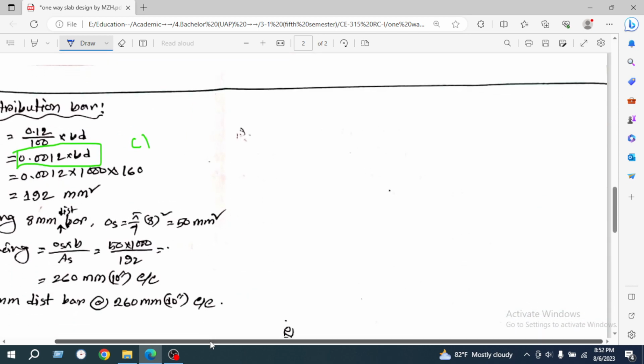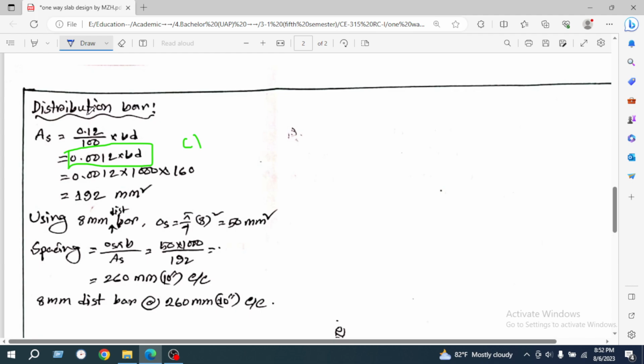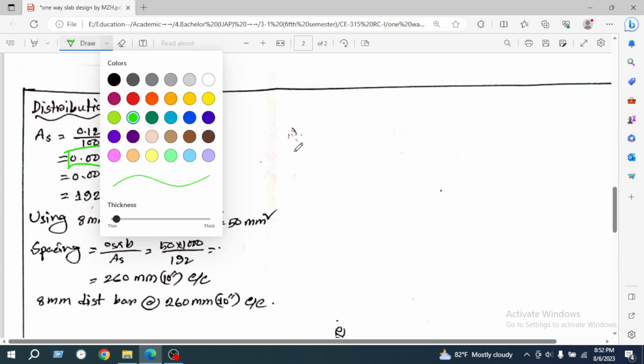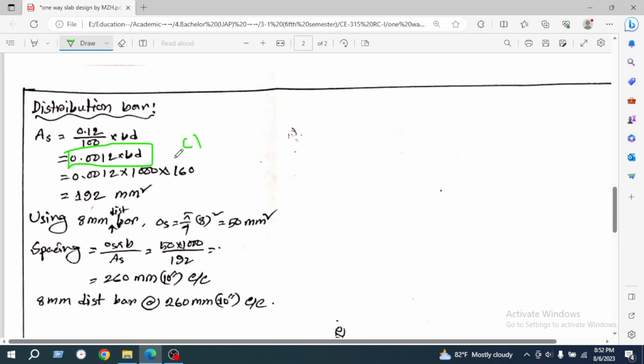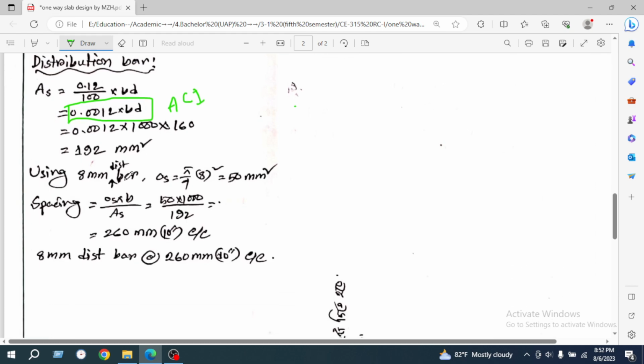As a next step we will see the distribution bar. The distribution bar As equal to 0.0012 b t, which is given in the ACI code. The formula is found from the ACI code. With b equal to 1000 millimeter and t equal to 160 millimeter, it is 192 millimeter square.